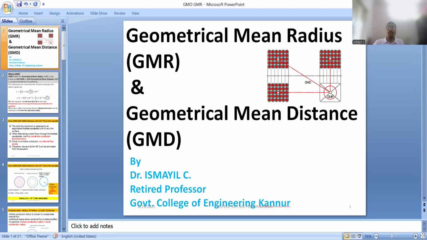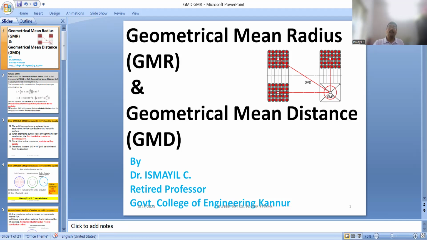Now you can think of whether this much accuracy is needed or not. Usually the diameter or the radius of the conductor will be very, very small compared to the distance between the transmission lines.